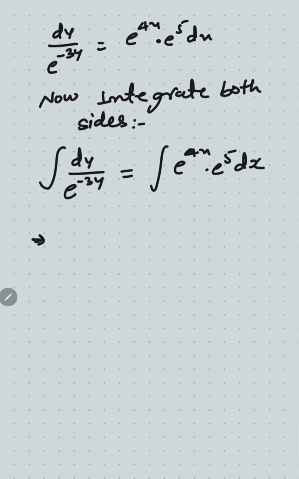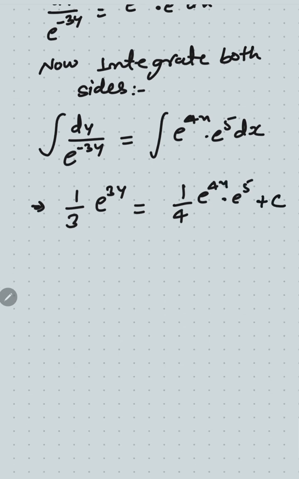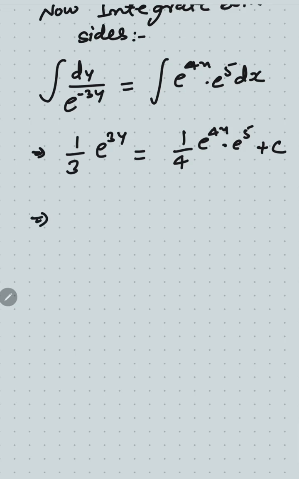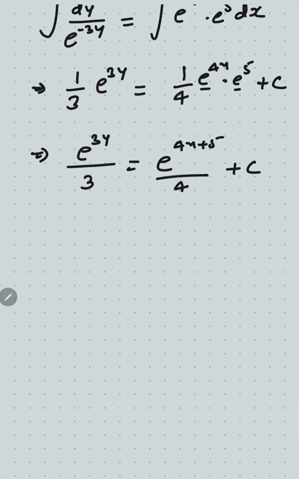Then e to power 3y integration is e to power 3y divided by 3, and e to power 4x and e to power 5 is constant, and plus c. It means e to power 3y divided by 3 equals e to power 4x plus 5 divided by 4, because bases are the same.